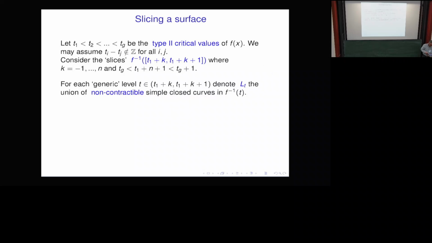Now for each generic level, by Sard's theorem, we saw that most of the time we have simple closed curves. So I'm going to denote by L_T the union of non-contractible simple closed curves in F inverse of T. So what I'm doing here is, I have my surface, and now the surface can have things like that.